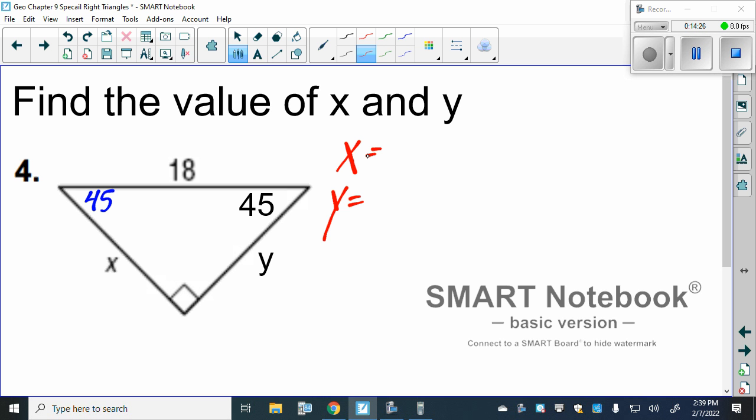So if I want to find the length of the leg, you've got to divide it by square root of 2, because to go from the legs to the hypotenuse, we multiply by the square root of 2. To go from the hypotenuse to the leg, we divide by the square root of 2. So the hypotenuse is 18. So we're going to divide 18 by the square root of 2.